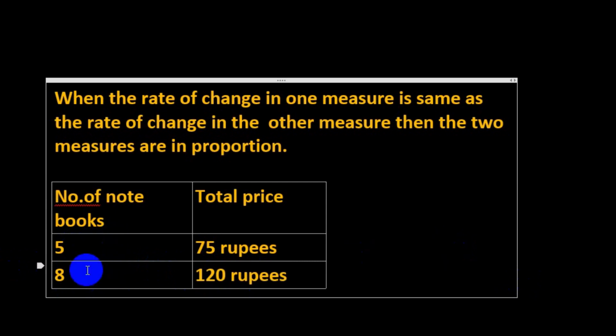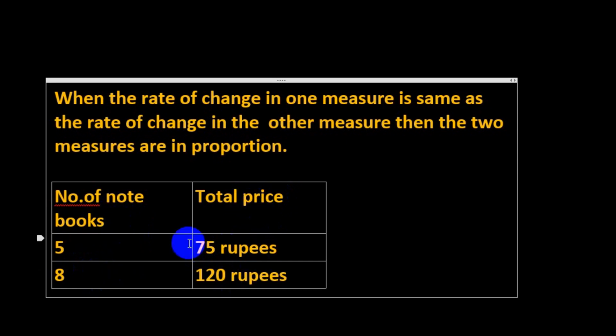What do we say here? Here the ratio of change in notebooks is 5 is to 8. This is the rate of change in one measure. Now what is the rate of change in the other measure, that is the total price? 75 is to 120. When reduced into simplest form, it will again be 5 is to 8. What we see here is that the number of notebooks, our one measure, has a rate of change of 5 is to 8, and the total price also has a ratio of change of 5 is to 8.